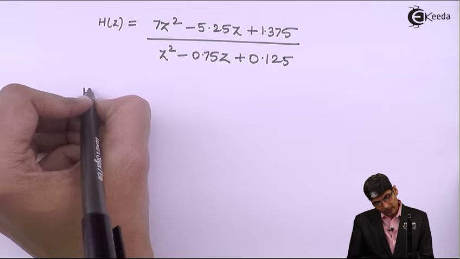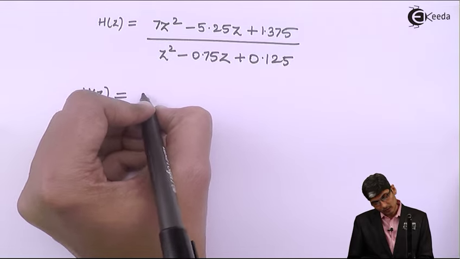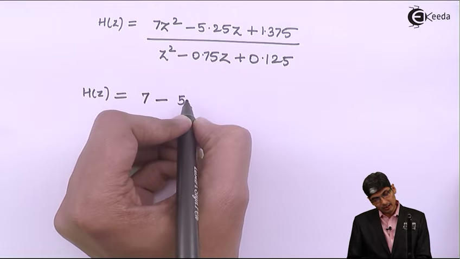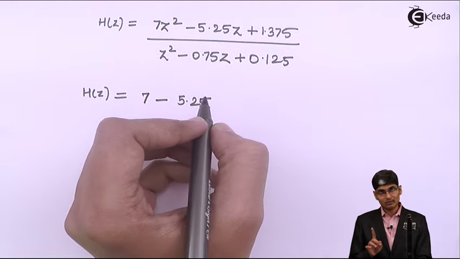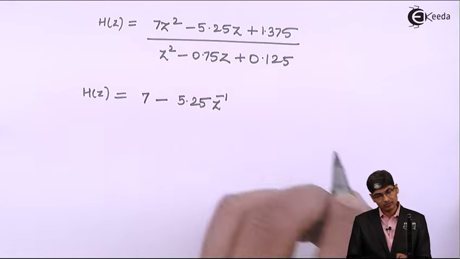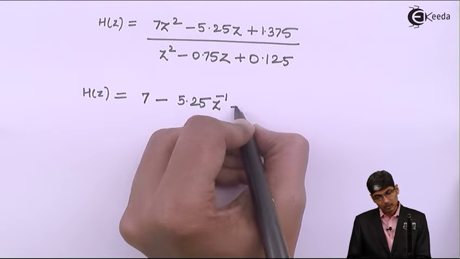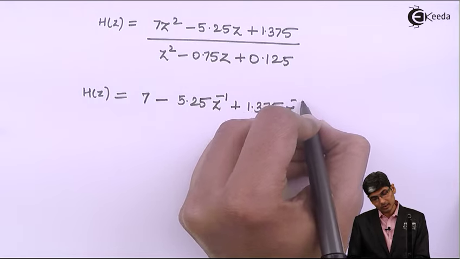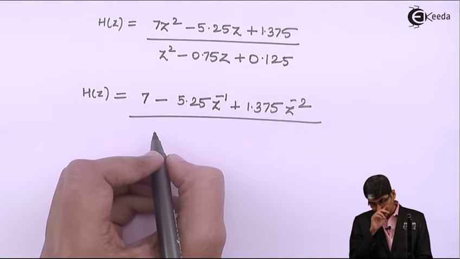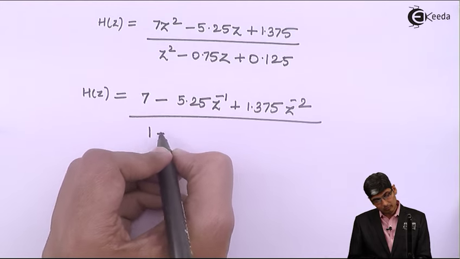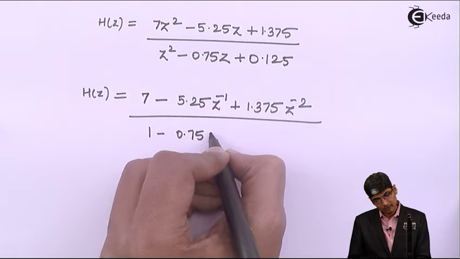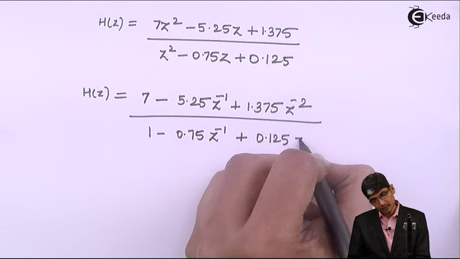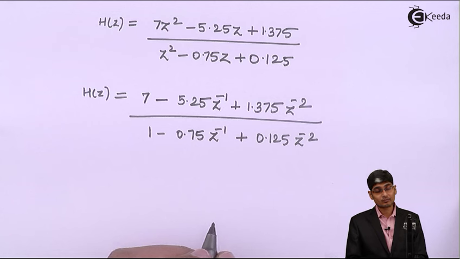So when I divide by z square, I will get 7, z square cancelled, minus 5.25, one z will get cancelled, the second z will remain, which I will write as z inverse, plus 1.375, as there is no z, it becomes z raised to minus 2, divided by 1 minus 0.75 z inverse plus 0.125 z raised to minus 2.